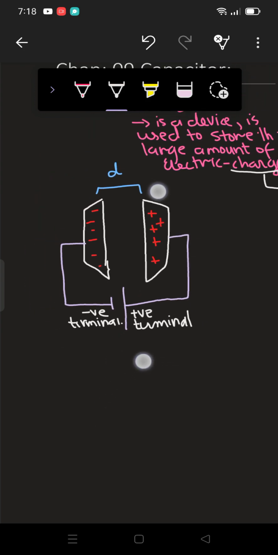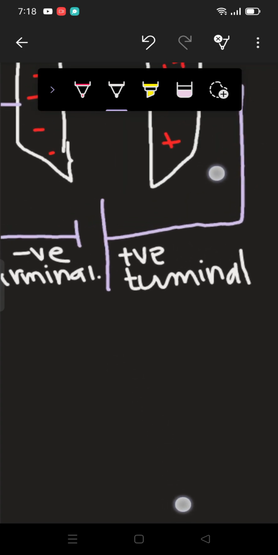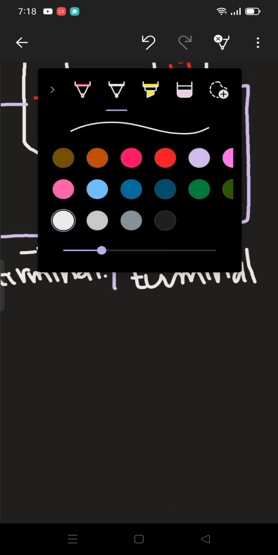So we have two opposite charged parallel plates, separated by a very small distance d. The negative plate is connected with the negative terminal of the battery, and the positive plate with the positive terminal of the battery, with a provided potential difference of V volt.